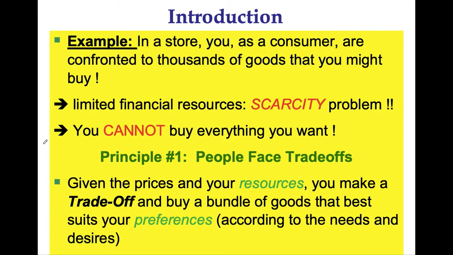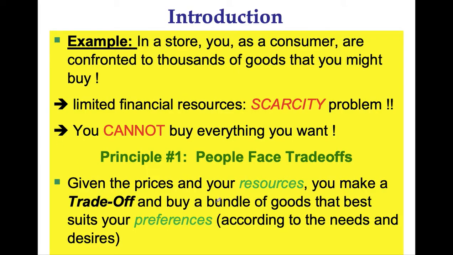Given the prices and your resources, you make a trade-off and buy a bundle of goods that best suits your preferences according to your needs and desires.